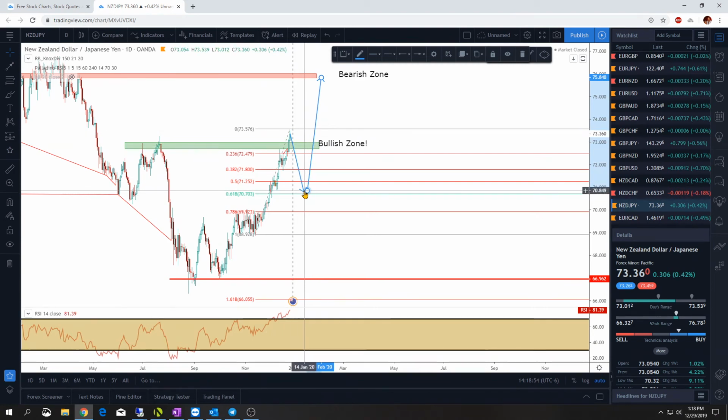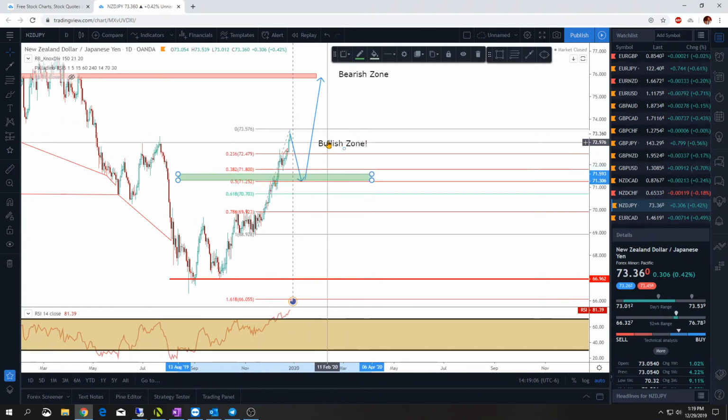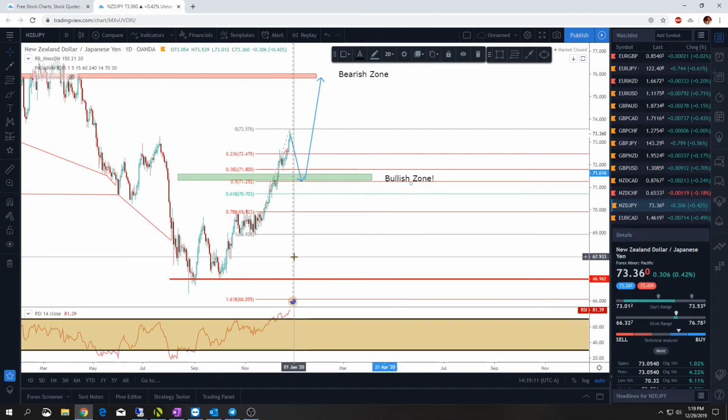But if you get a pretty good deep pullback and you see a turnaround at one of these levels, you could get very bullish here. Boom. And I'll show you what that looks like. That's a lot less risky of a trade, and you have a higher probability if you wait that long for it, which, judging by the week we have coming up, might not be a bad idea.